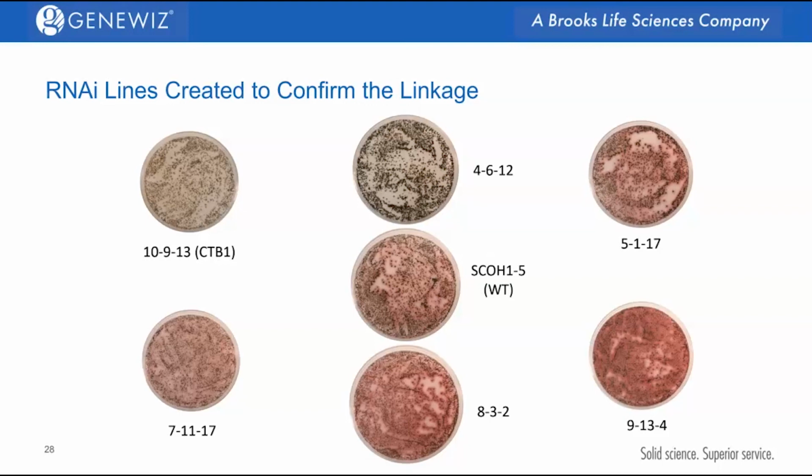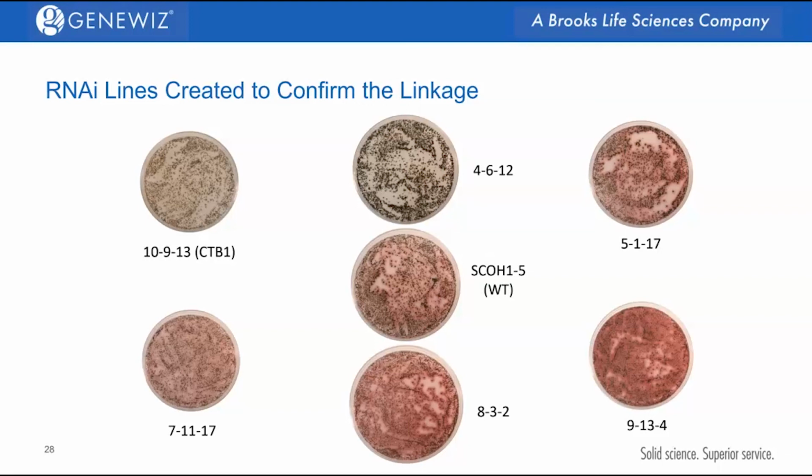They are completely devoid of cercosporin production, which we had also seen from our random insertional mutants. And the 9314 and 832 strains were overproducing cercosporin when compared to the wild type strain, the SCOH 1-5, that's also being shown in the middle of the screen.